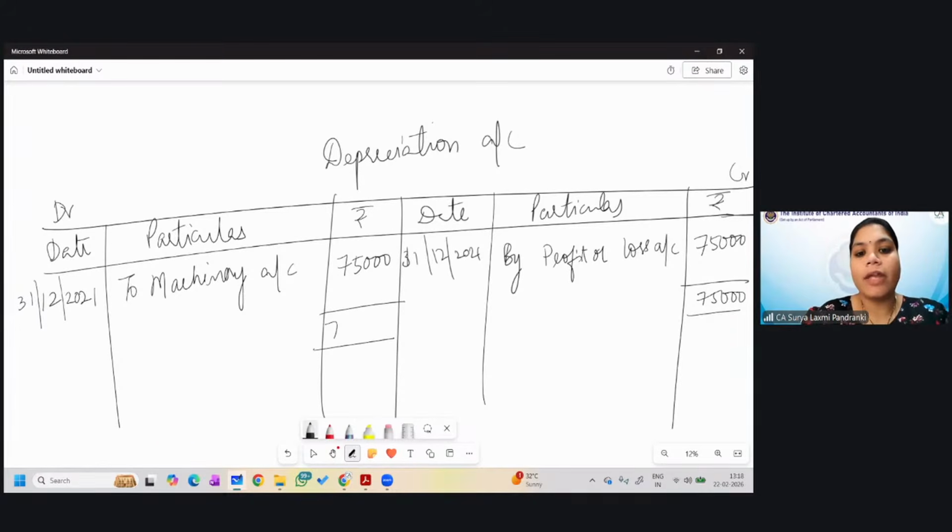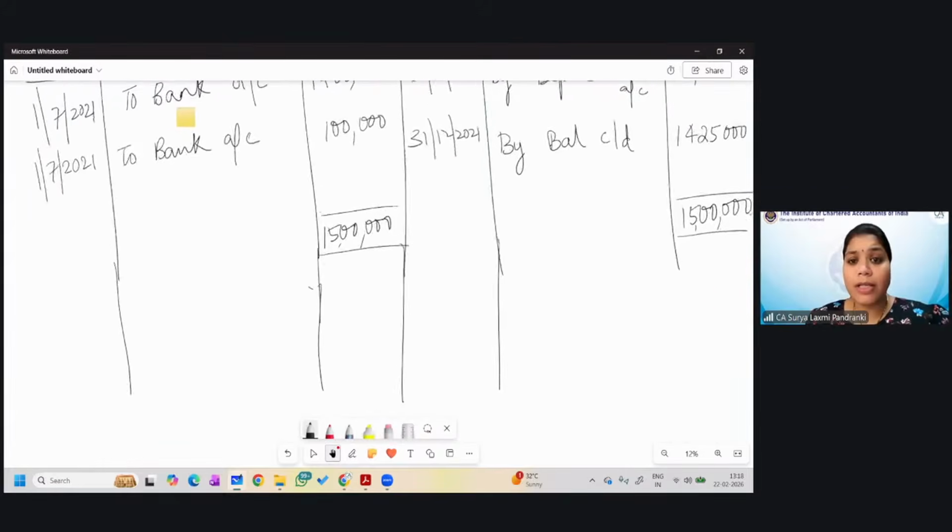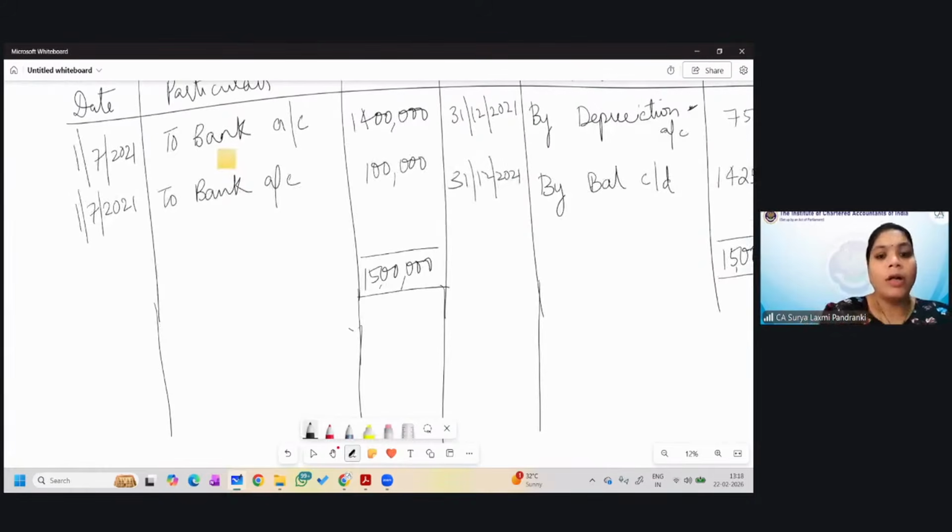No balancing figure. We have to close this depreciation account. P&L account. Yes, we are closing this account by sending it to P&L account. Okay. So first year is done. They asked for 2022 also. So let us continue for 2022 also.